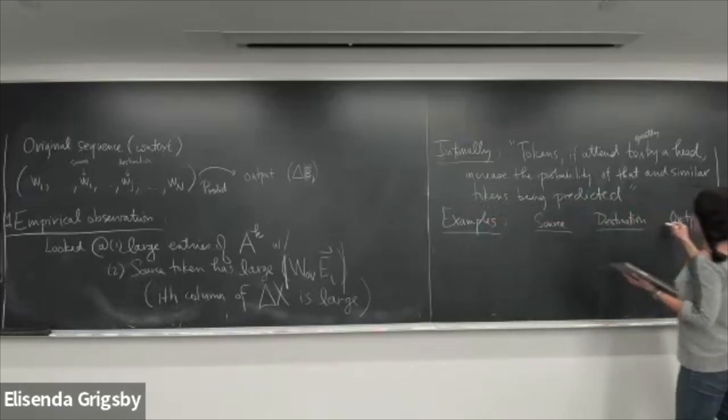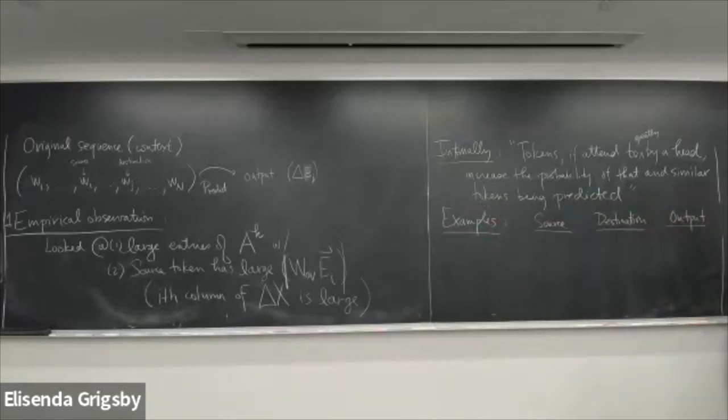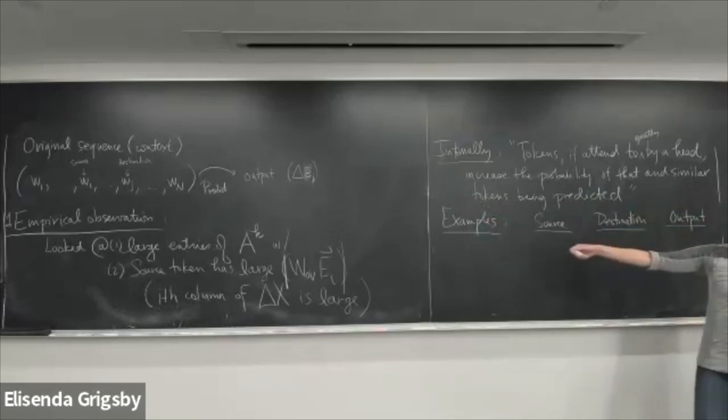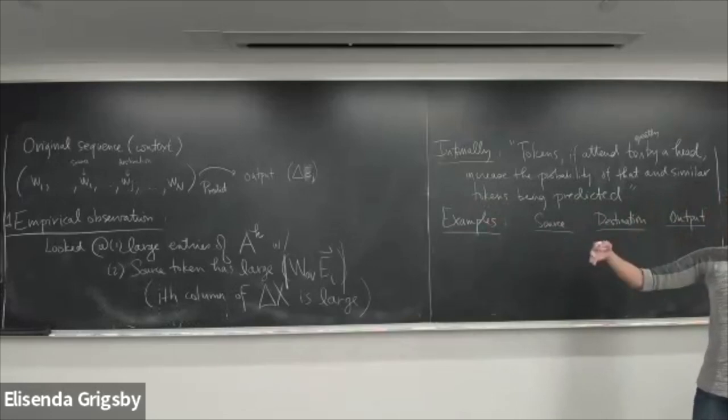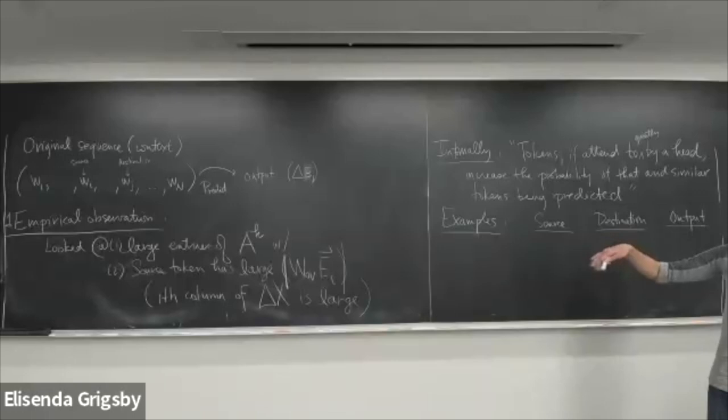Essentially, they train a one-layer transformer with multiple heads, and then they look at the attention patterns for the various heads, see where they're large, and if the source token also is large, then it has this behavior.